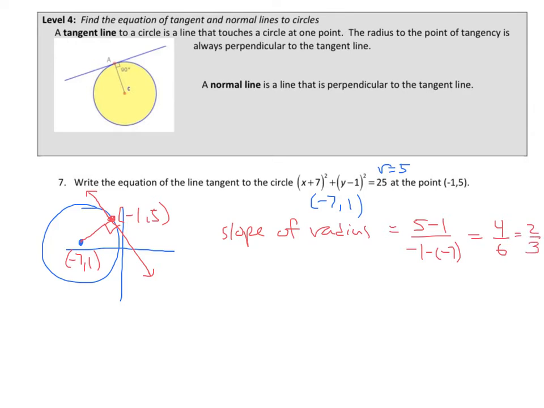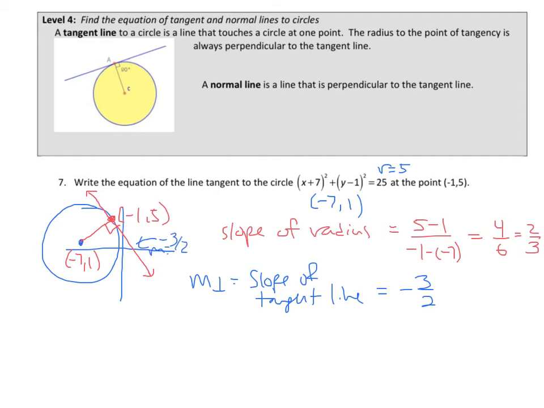Now the slope of the tangent line is going to be the perpendicular slope. And we do opposite reciprocals, so it's going to be -3 over 2. And so the slope of this line is -3 over 2.